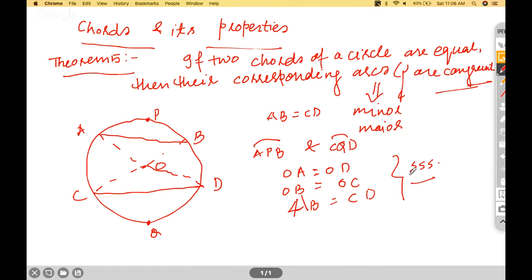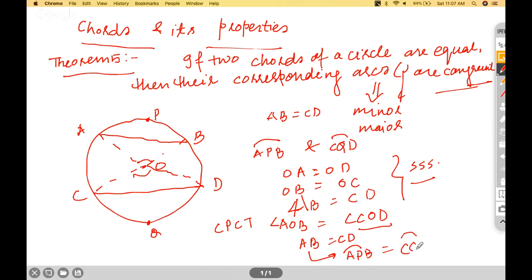By CPCT, angle AOB is equal to angle COD. It means that corresponding chords of the arc are making the same angle, and if AB is equal to CD, then the corresponding arcs APB would be equal to the corresponding arc CQD. Similarly, you can do it for the major arc, so I'm not wasting time over there.